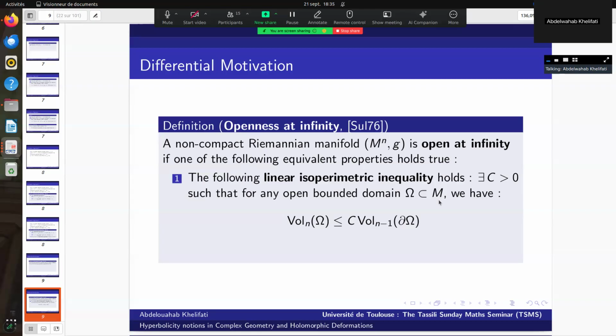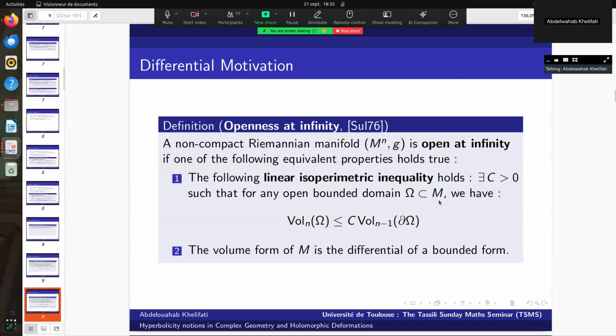The interesting part of this definition is that this property is equivalent to the following: with respect to the same metric with which we compute the volumes, the volume form of M defined by this Riemannian metric is actually the differential of a bounded form.